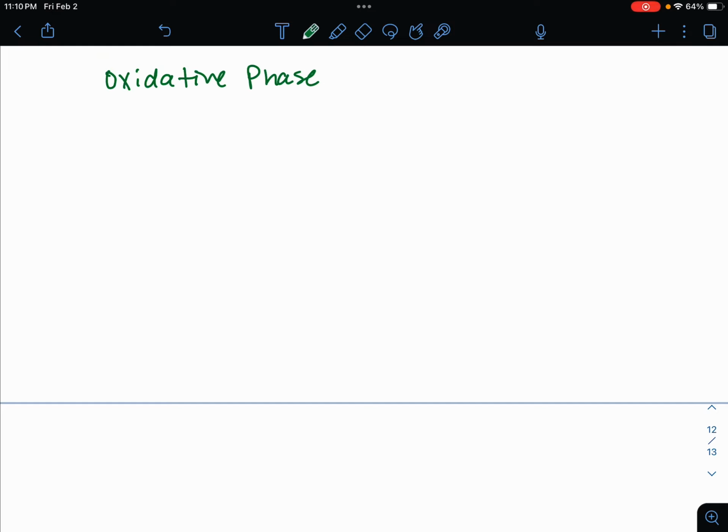So we've made glucose 6-phosphate. Again, you can make glucose 6-phosphate from glucose via hexokinase. So glucose 6-phosphate will become a molecule called a lactone, and we're also going to get some NADPH.